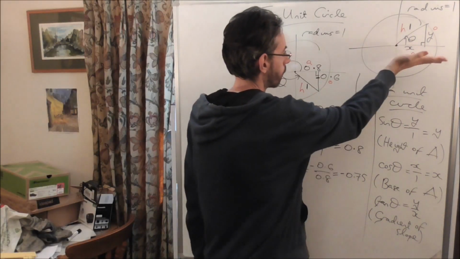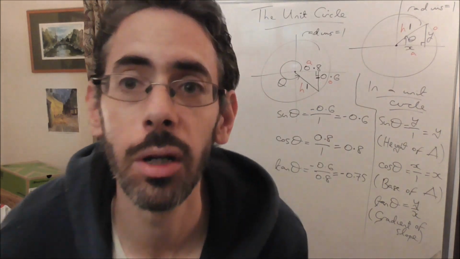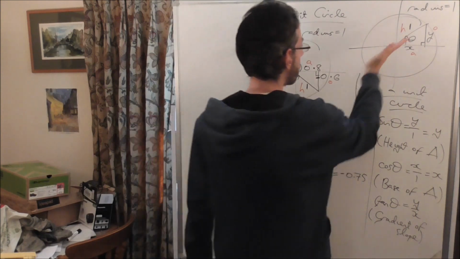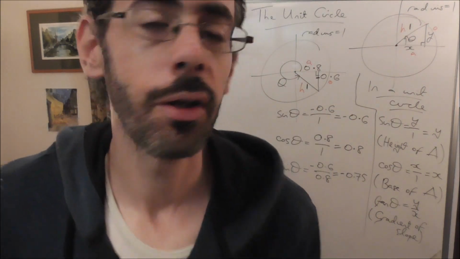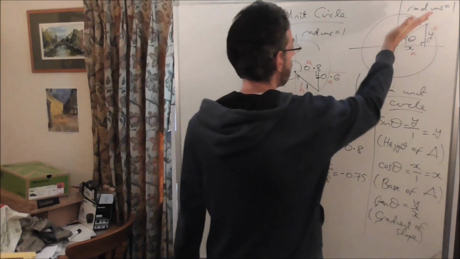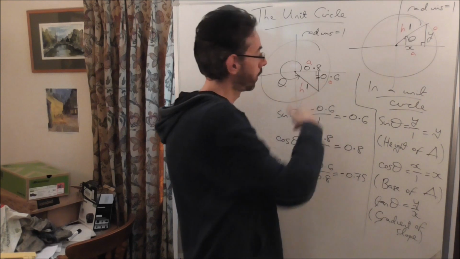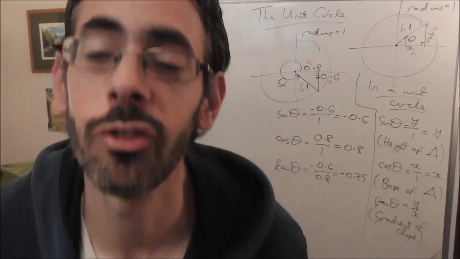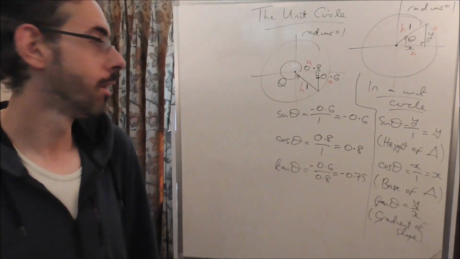Again, positive if going to the right, negative if going to the left. And tan theta will be the gradient of the sloping line. If the line is sloping that way, tan theta will be positive, and if the line is sloping that way, tan theta will be negative. So it always works out that tan theta matches the gradient of the slope.